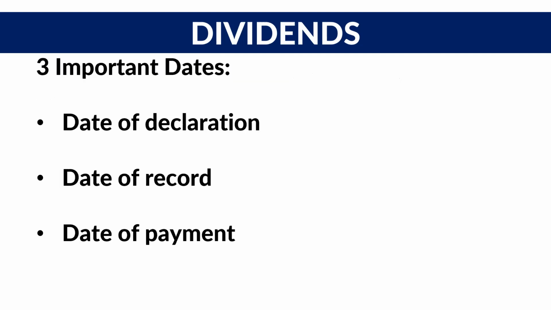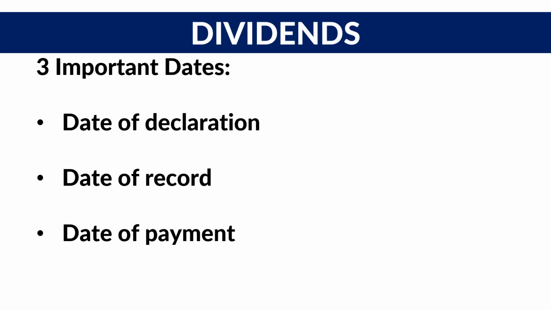When we discuss dividends out of earnings, there are three important dates to remember. One is the date of declaration, second is the date of record, and the third is the date of payment. The date of declaration is the date when the board of directors announces or approves that they will give dividends to their shareholders. On this particular date, class, take note that we can already recognize our payable.